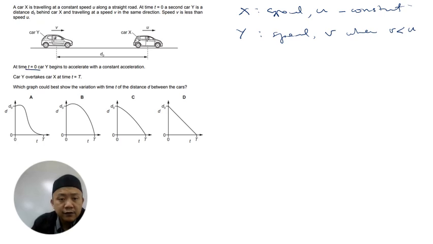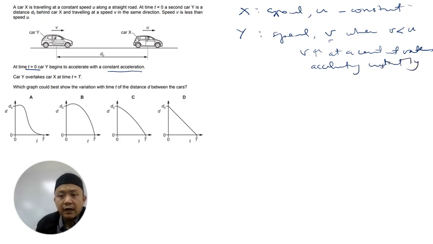At time t equals 0, car Y, initially with speed v, begins to accelerate with a constant acceleration. That means v increases at a constant rate, because as v increases at a constant rate, y is accelerating constantly.